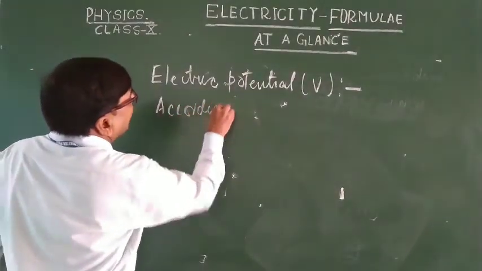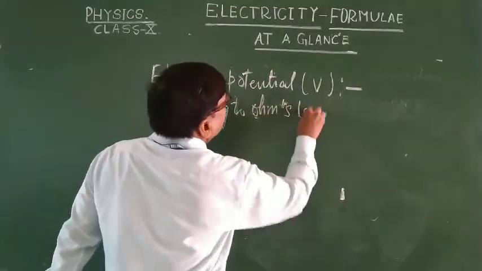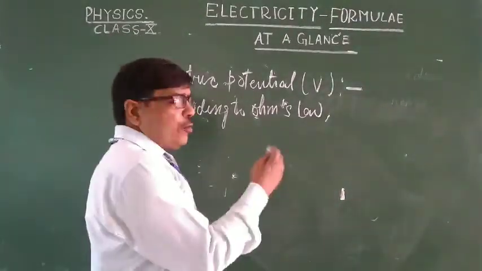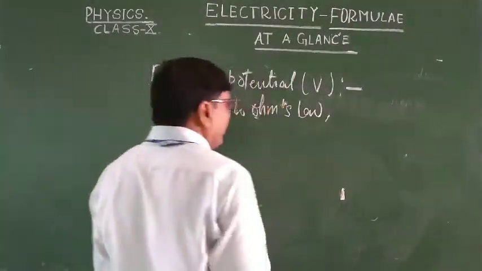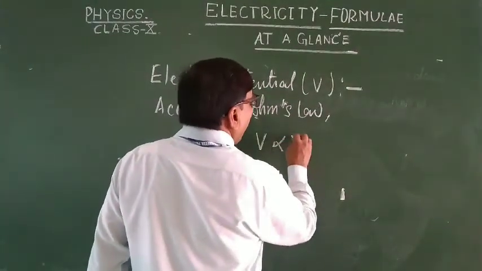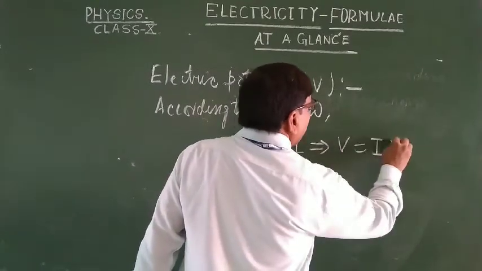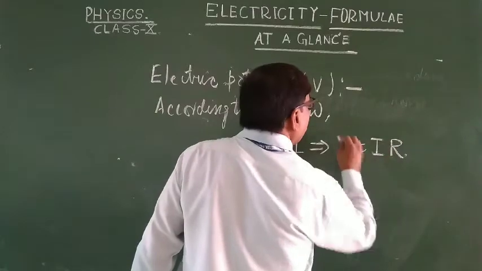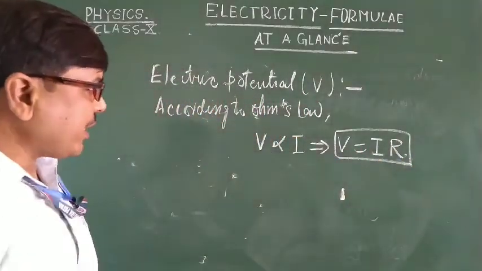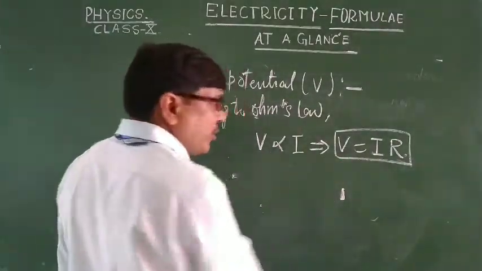As we all know, according to Ohm's law, at constant temperature and uniform area of cross section of the conductor, V is proportional to I, which gives V is equal to I into R. R is resistance, called a constant. It is an internal property of the conductor which opposes the flow of current.